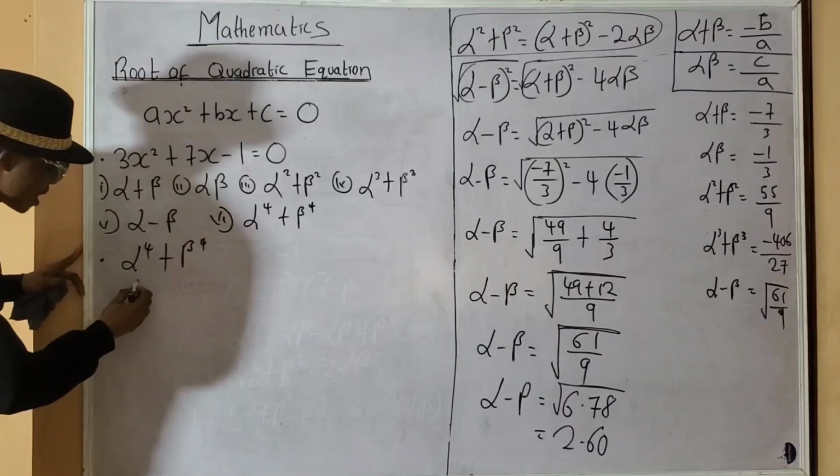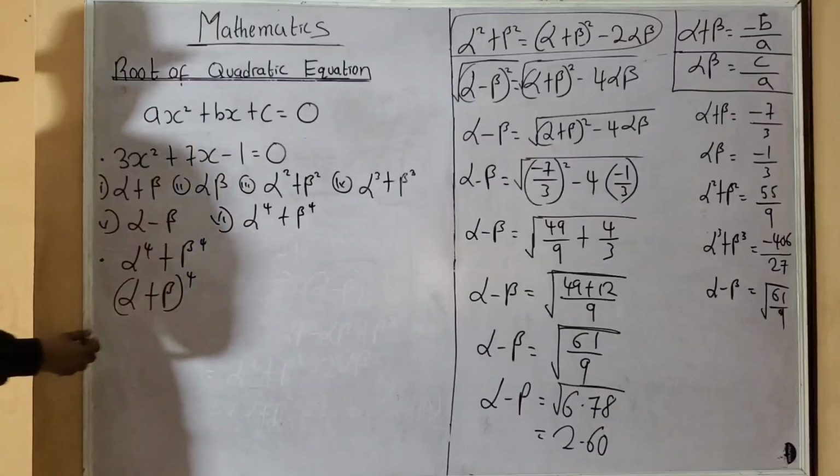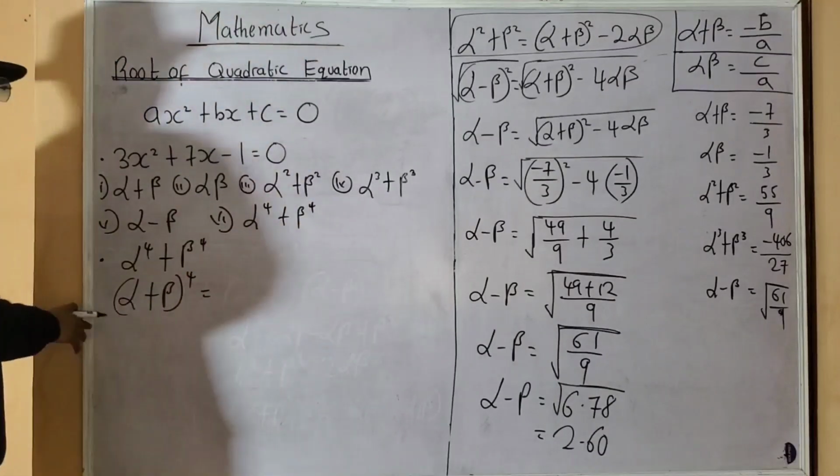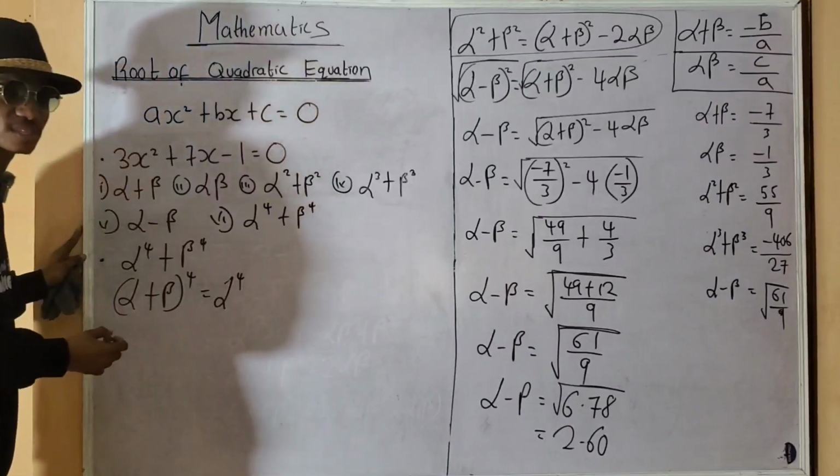We can obtain it from alpha plus beta raised to the power of 4. Okay. Now, if you use Pascal's triangle to expand what we have here, you're going to have alpha raised to the power of 4, is that not it?